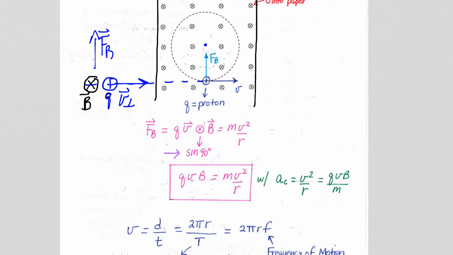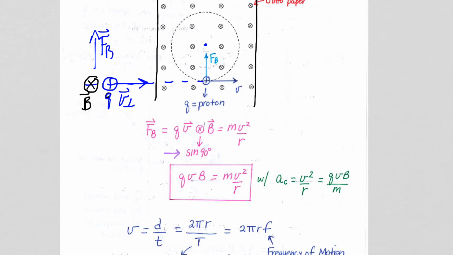QV cross B, sine is 90 degrees. QVB equals mv squared on r. The QVB is the radially inward force, the lasso, if you want to think of it, holding the particle in circular motion, just like the tension in the string would hold a ball spinning in a circle, back in mechanics, and that equals our mv squared on r, Newton's second law.